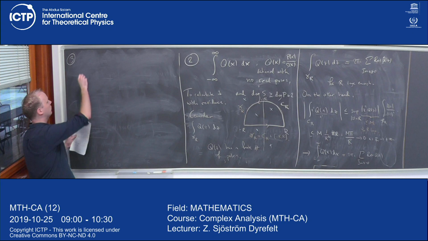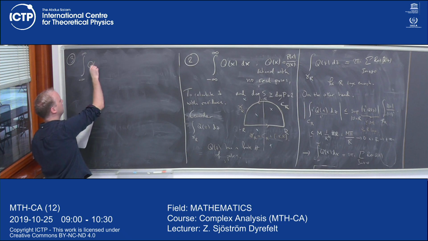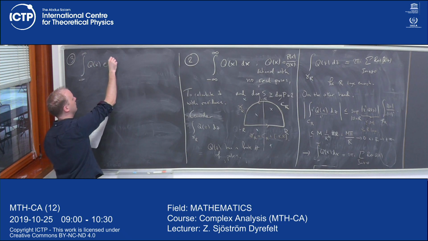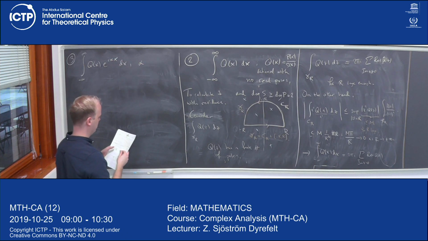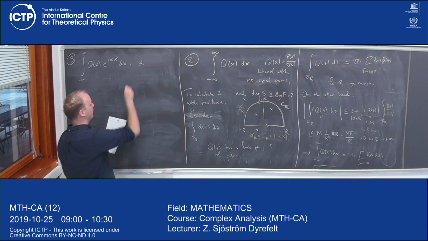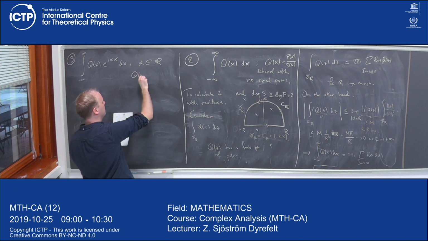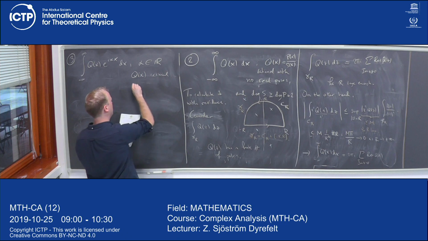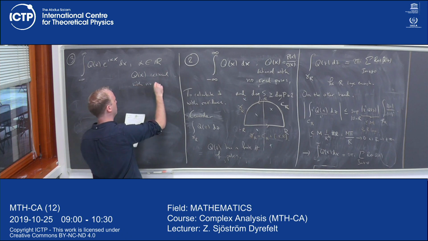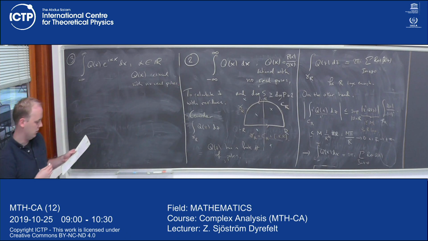So the third one is an integral of the following form: the integral from minus infinity to infinity of q of x times e to the i alpha x dx, where alpha is a real number, and q of x is rational with no real poles, as usual.